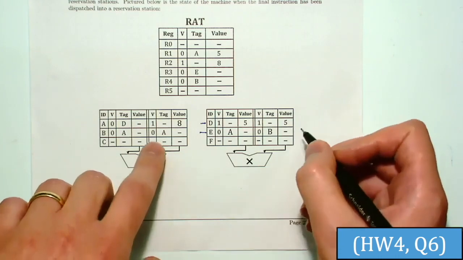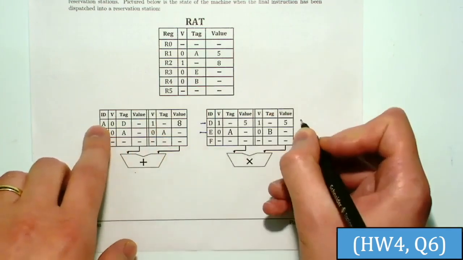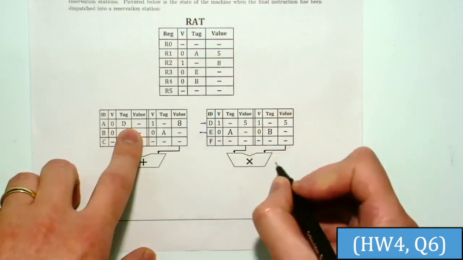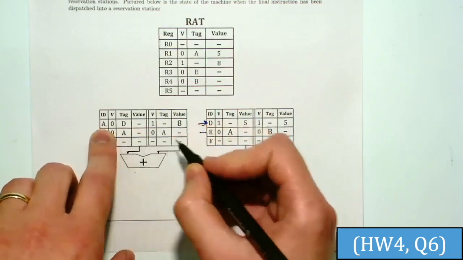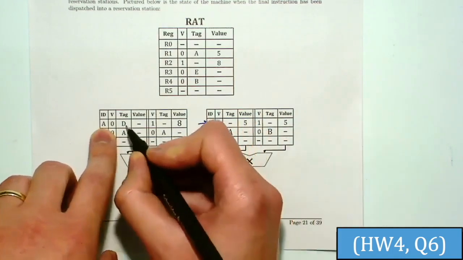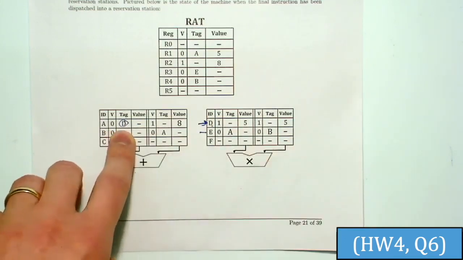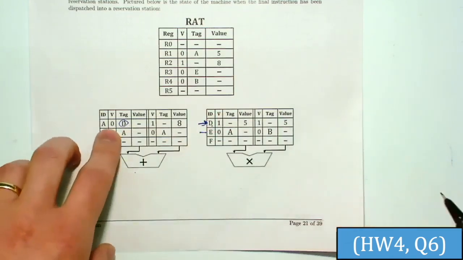So we have to start by looking at the first entries here in the 2 reservation stations. We can easily tell that this instruction over here, the multiplication, comes first before this instruction over here, because this is dependent on the multiplication, right? The D tag is here as a source operand to this addition instruction.